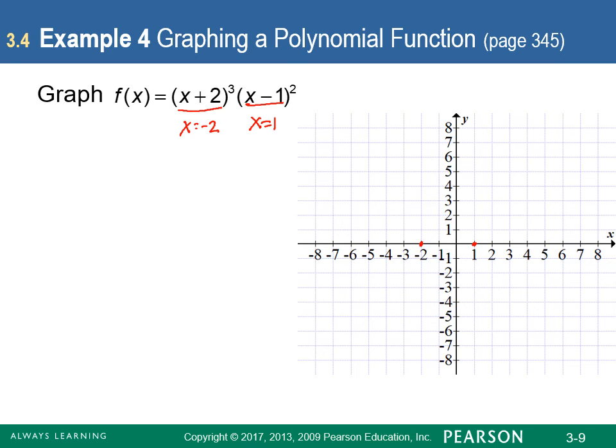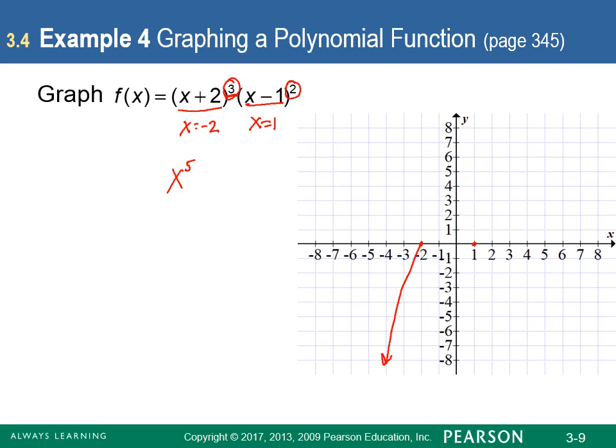But we do know that x to the 3 times x to the 2 gives x to the 5. So this is a 5th degree polynomial. It has to be going down on the left. We will assume that this just goes down forever. And it has to be going up on the right.